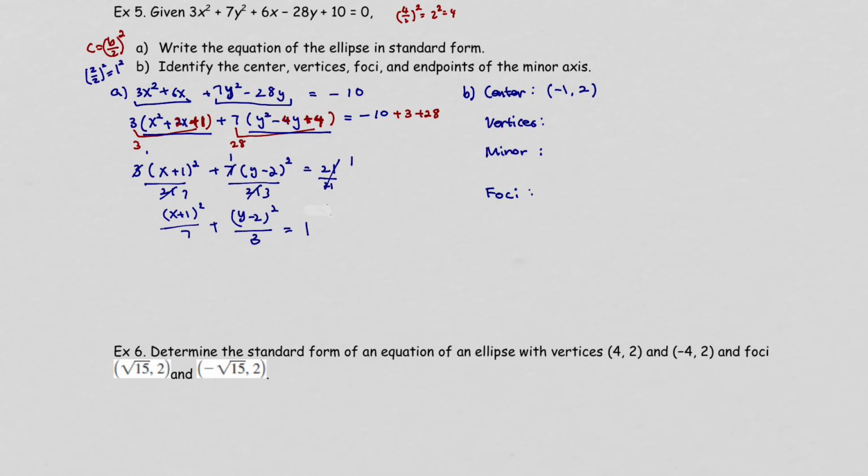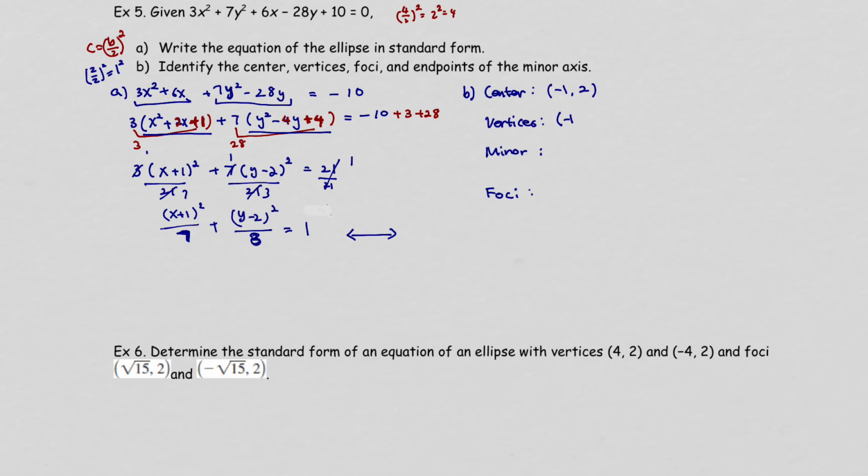Your vertex, because your A is bigger than B, it's going to be horizontal, right? So the change is going to be on x. So it will be negative 1.